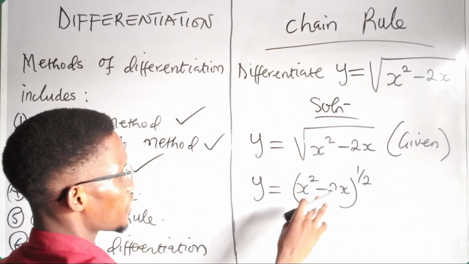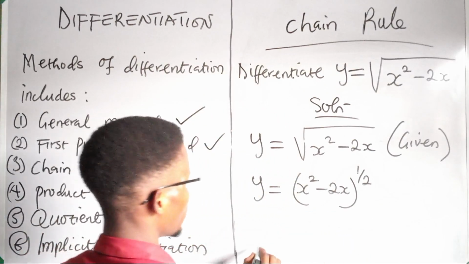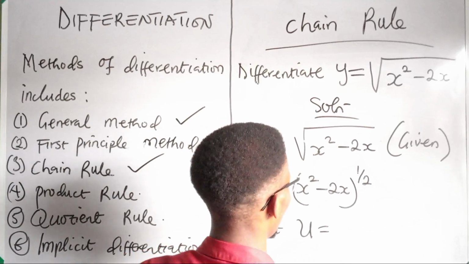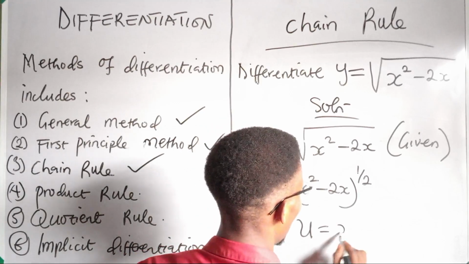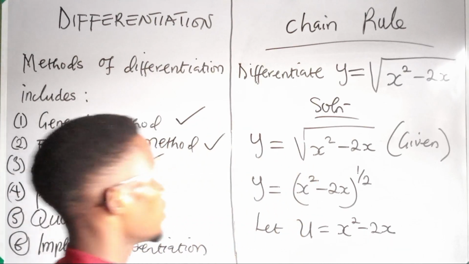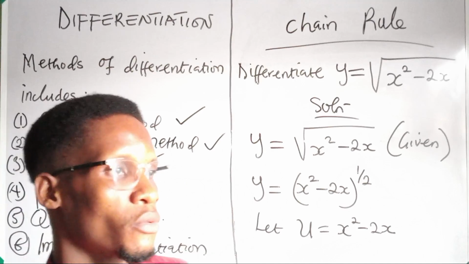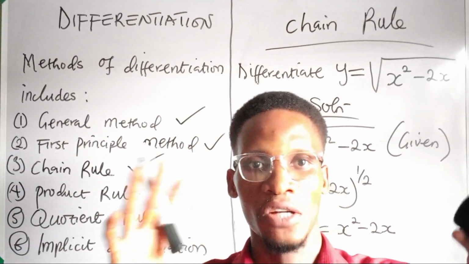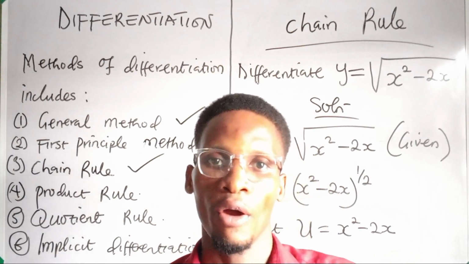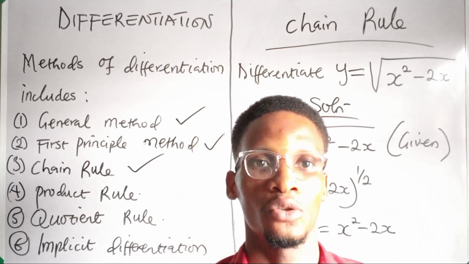So if we do this now, we can let u equal s squared minus 2s. In the chain rule, whenever you see a bracket, you assume whatever is inside the bracket to be u, or any other letter you may choose to use.